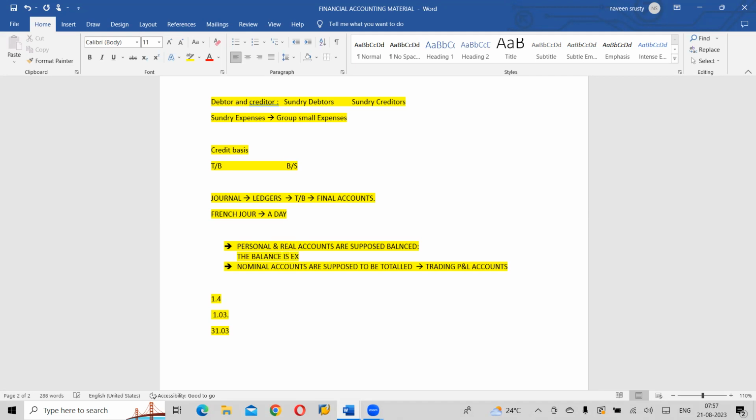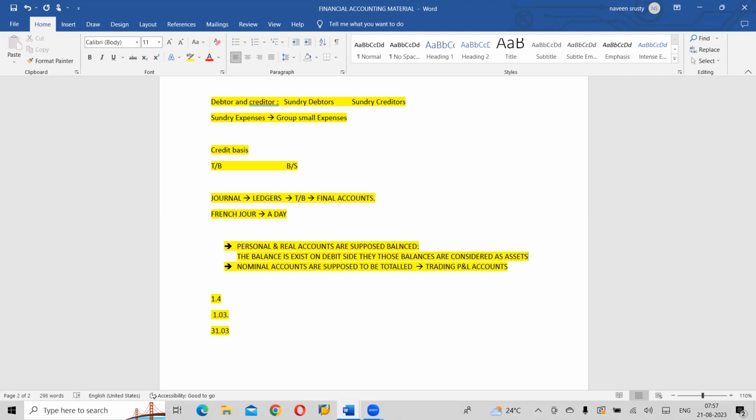So here, if in personal and real accounts the balance exists on the debit side, meaning a debit side balance is there, then those balances are considered as assets. You can check it out.